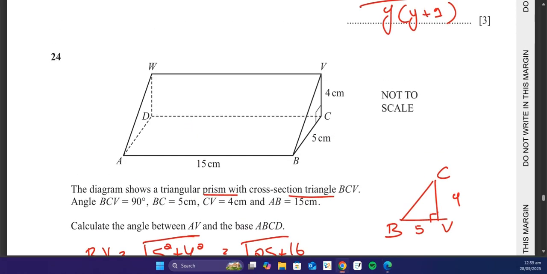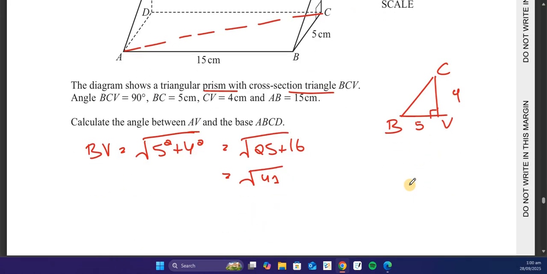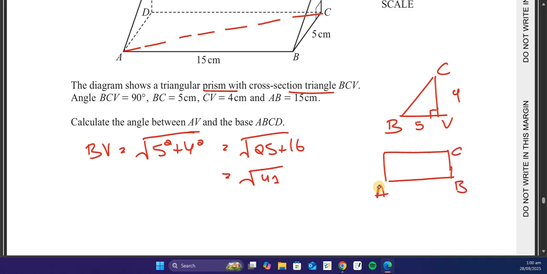Okay, now calculate the angle between AV and the base ABCD. So AB is this and AC is this. Alright, so now we have another triangle. If you visualize this, visualization always helps.